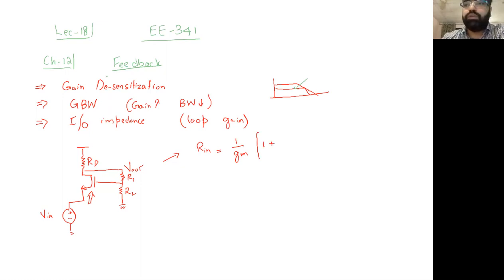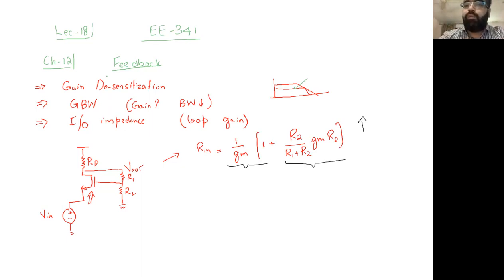That was equal to R2 divided by R1 plus R2, which is K basically, times A, so gm RD. Initially we have this input impedance, but because of the closed loop, this input impedance goes up.